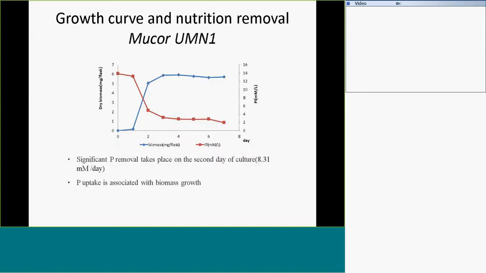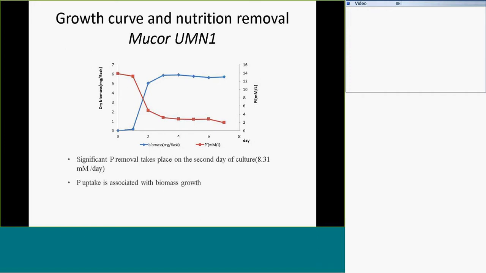This is a growth curve for a specific Mucor species. When it grows, it takes up phosphorus in the cell, and then the cell could retain the phosphorus inside the membrane, inside the cell, for a pretty long time.